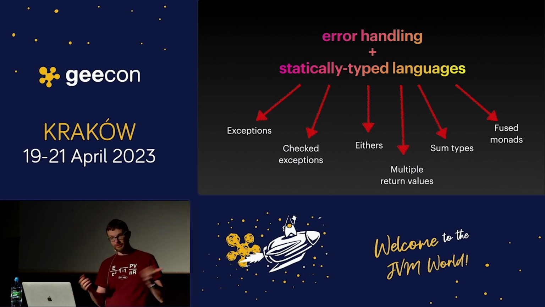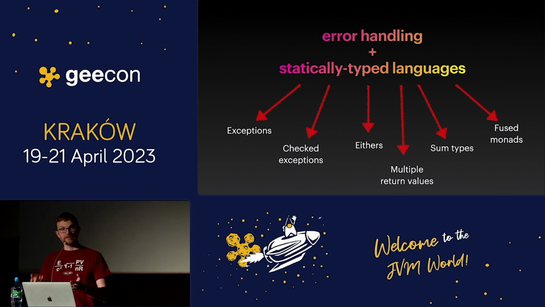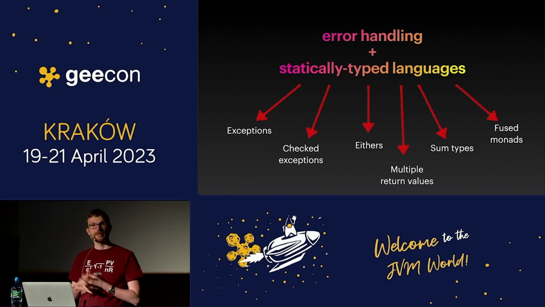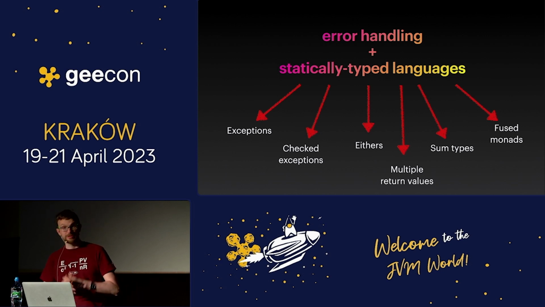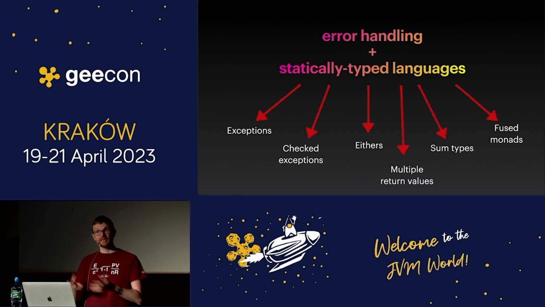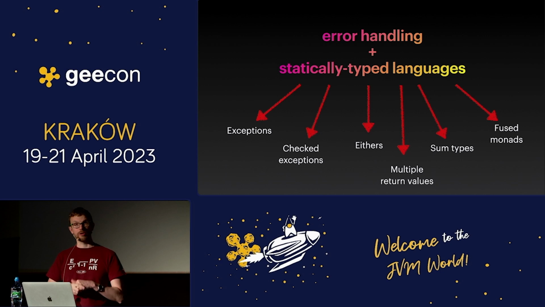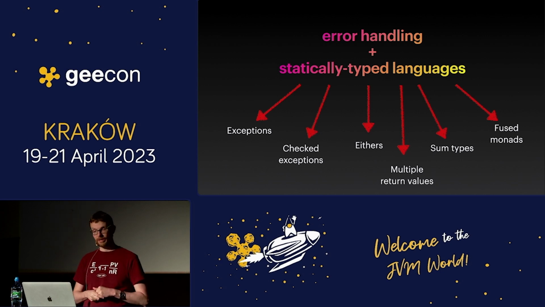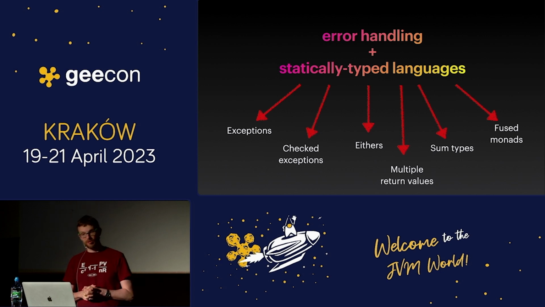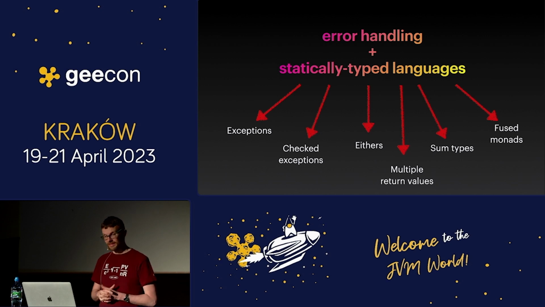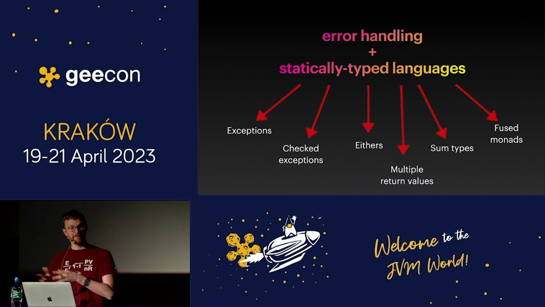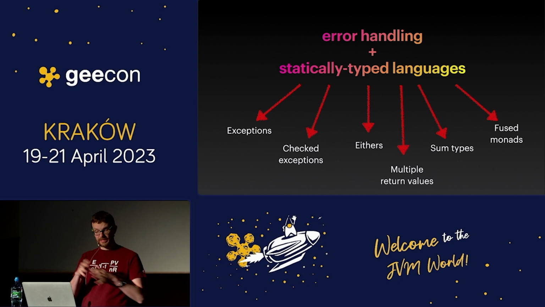We have checked exceptions, which we have just discussed. We have eithers, like alternate return values, which again might be a bit cumbersome to work with. We have multiple return values, as in Go, where you always return two values, and one of them might be null and the other not. That's an experiment; I wouldn't say it's a successful one. We can have some types. We can have monads, as we will see.